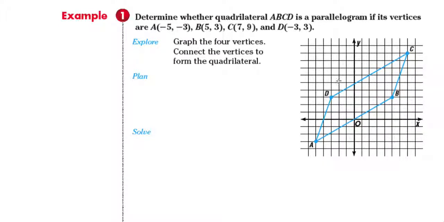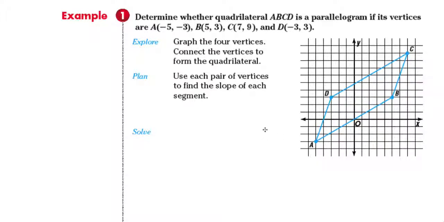We plan to use each pair of vertices to find the slope of each line segment. We're going to use point D and point C to find the slope of DC, and A and B to find the slope of AB. To find out if they're really parallel, we want to find the slope of AD and the slope of CB.